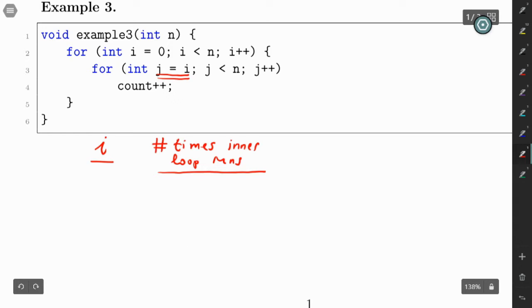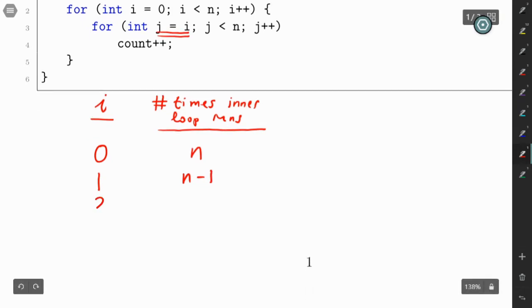So when i is 0, then j is initialized to 0 here, and this loop is going to run the full n iterations. As i increases to 1 on the next iteration of the outer loop, then the inner loop is going to start from j equals 1, and it's going to run one less iteration. So this is going to be n minus 1.